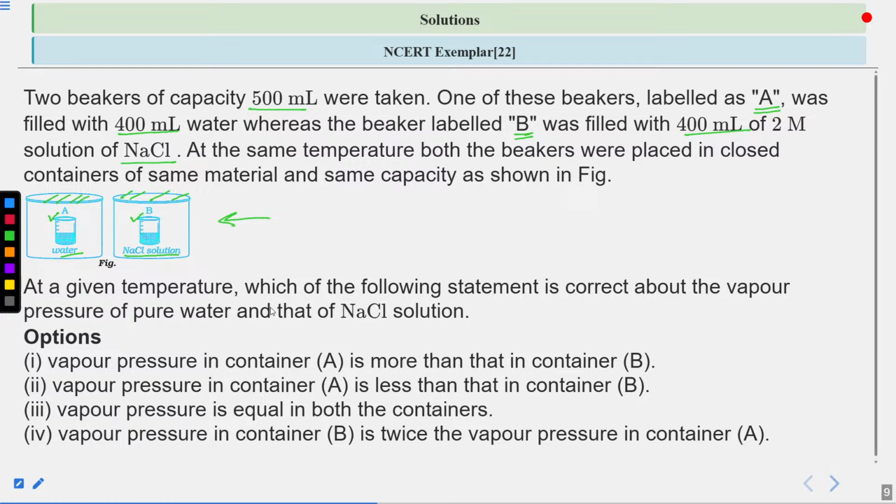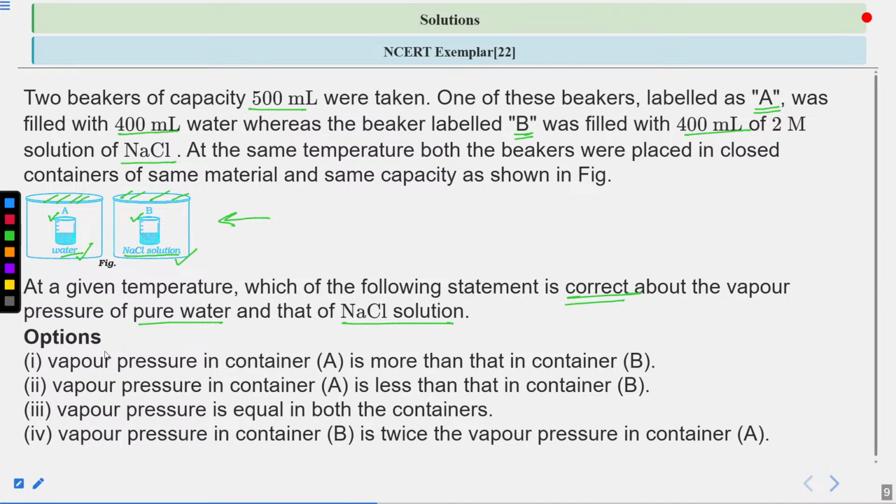Now, at a given temperature, which of the following statements is correct about the vapor pressure of pure water and that of sodium chloride solution?